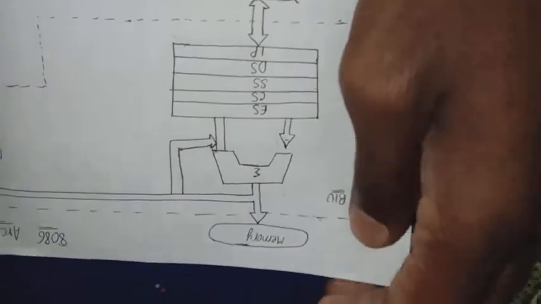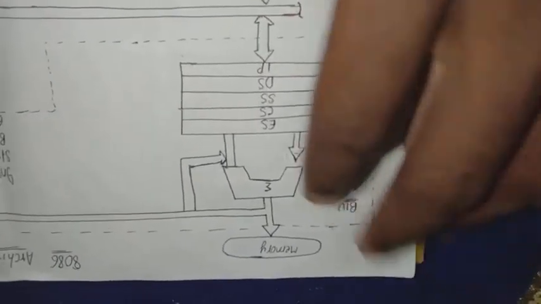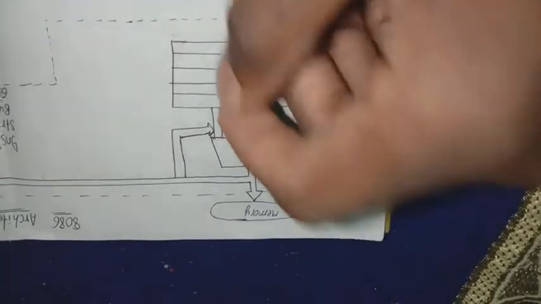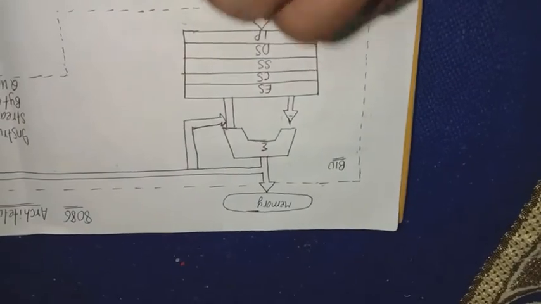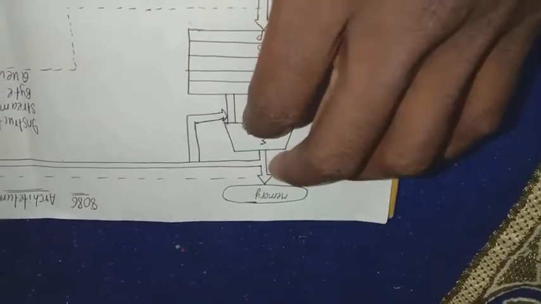Now let's see the procedure of working of 8086. First of all, for executing the program written by the programmer, we should know the address where the program or the code is situated.